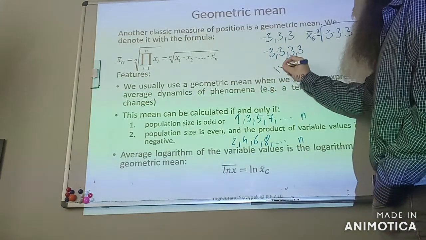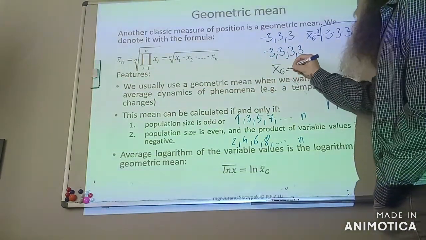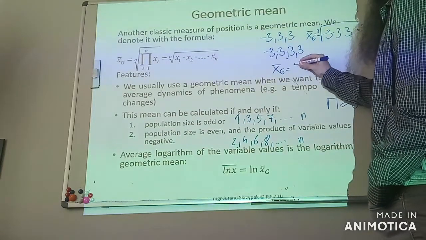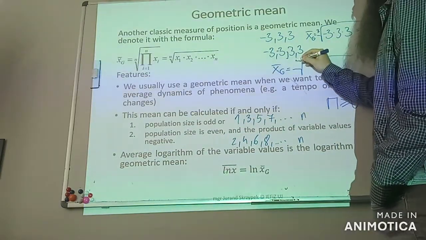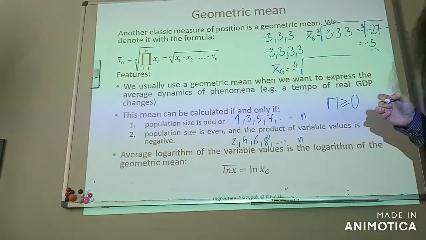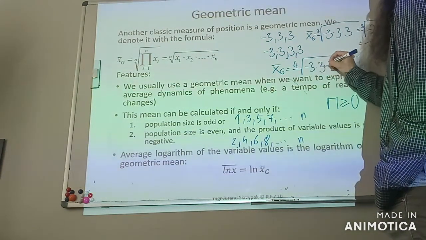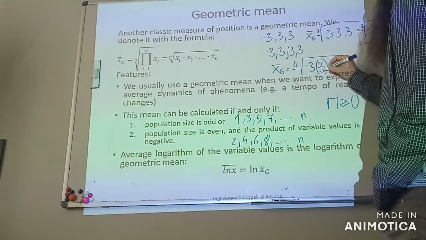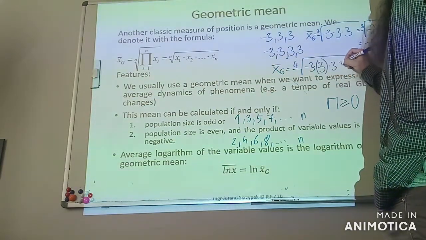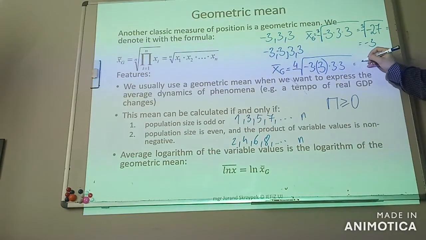And in that situation we have what? Geometric mean is equal to the 4th degree root of minus 3 by minus 3 by 3 by 3, and it's the 4th root of 81.